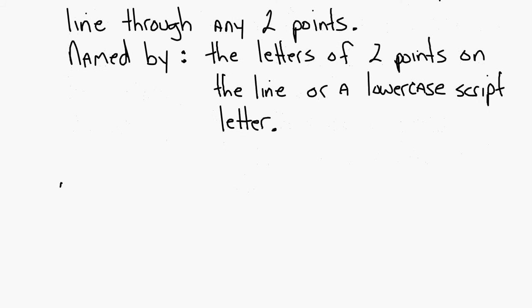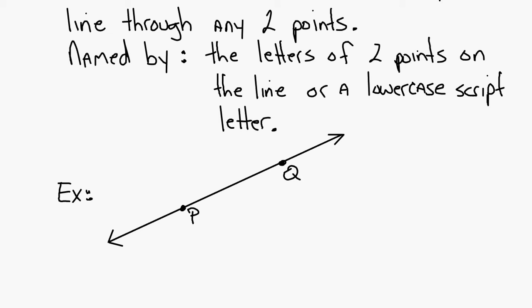So an example would look like this, and we'll put point P on it and point Q on it. Put a lowercase m at the end of the line. Either end is fine. Just make sure you've got arrows on the ends of your line, and that just signifies that it goes in both directions infinitely.